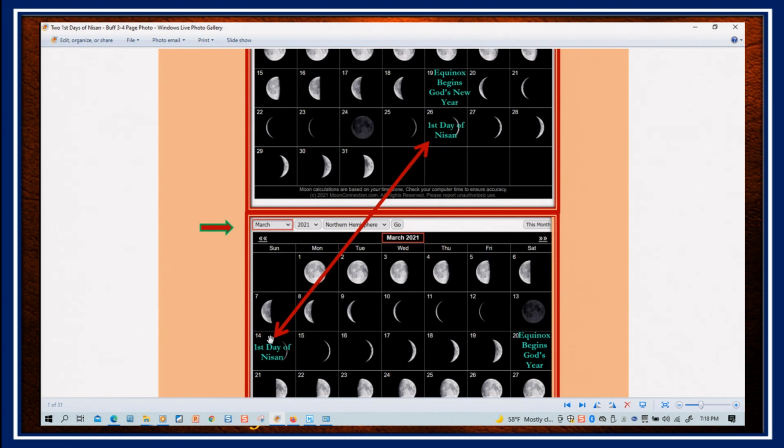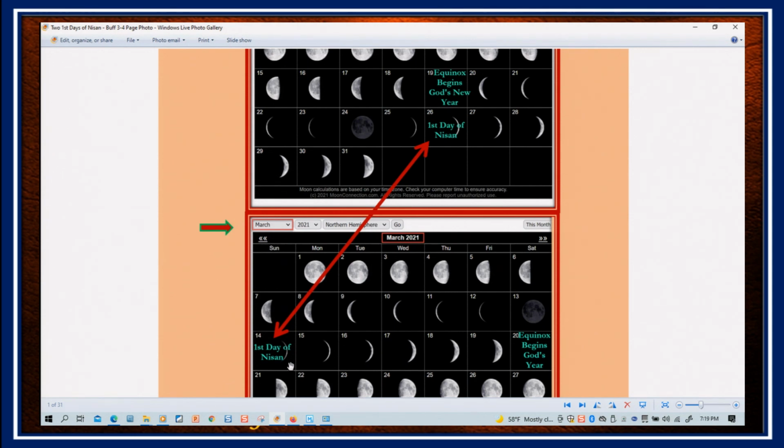And there's another problem that takes place when we use a new moon that occurs closest to the vernal equinox. And what is that? Using a new moon that occurs before the vernal equinox arrives, it does what? It also creates two first days of Nisan in God's solar year of 2020, doesn't it? Just look at this, friends. Here's the first day of Nisan 2020. It occurred after the vernal equinox arrived and started the year 2020, correct?